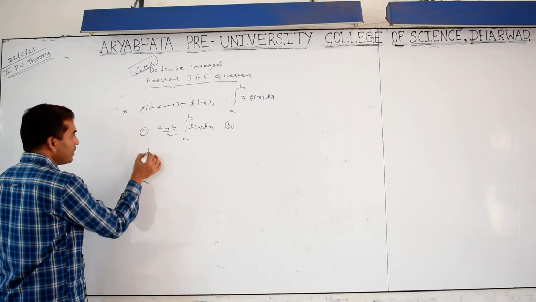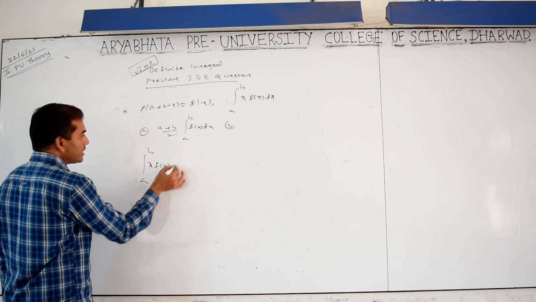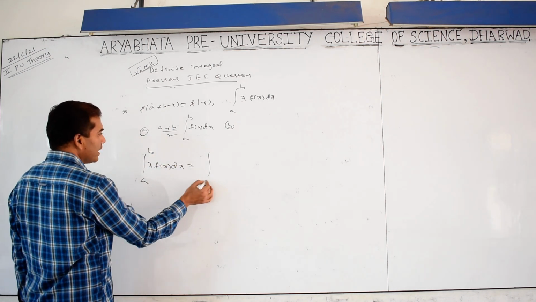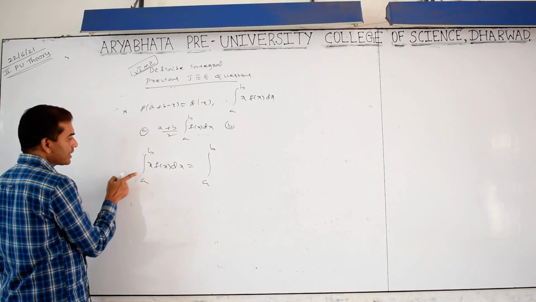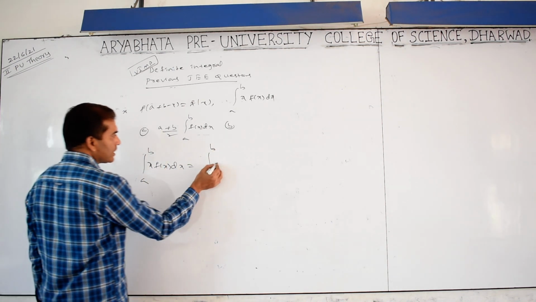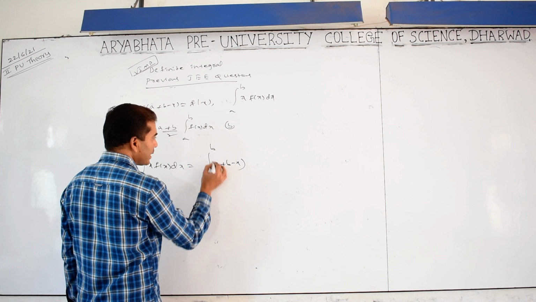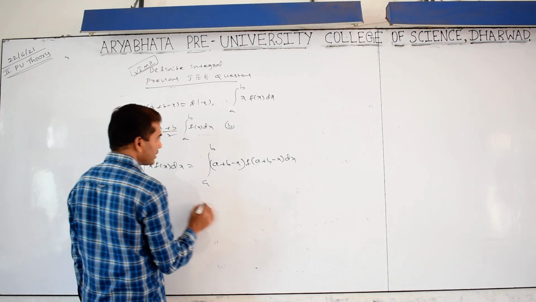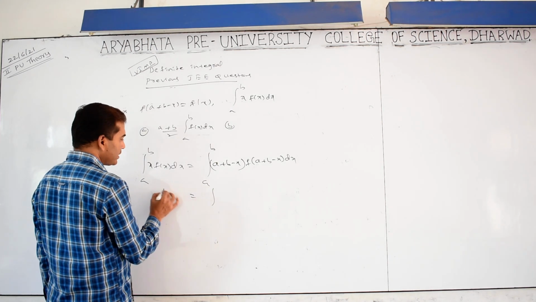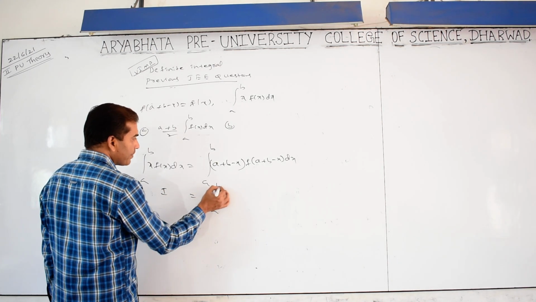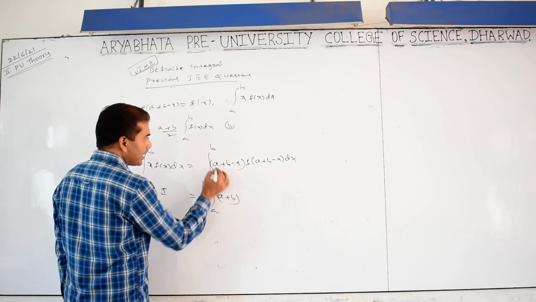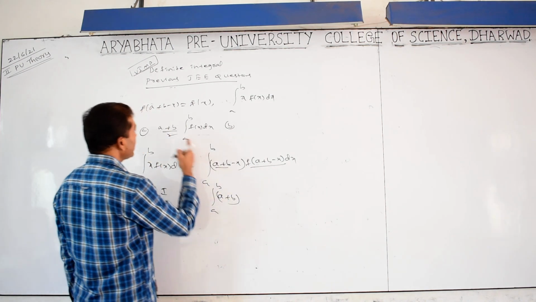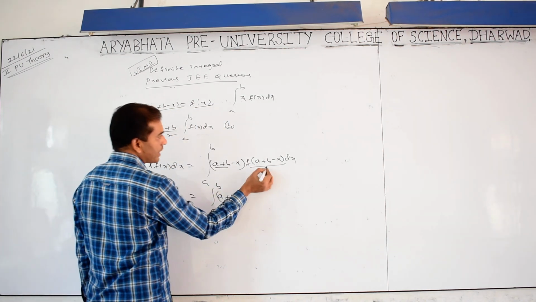Integration of a to b x into f of x dx. Use the property a to b: in place of x write the sum of the limits minus x, that is a plus b minus x, into f of a plus b minus x dx. Integration of a to b, a plus b into f of a plus b minus x, which equals f of x.